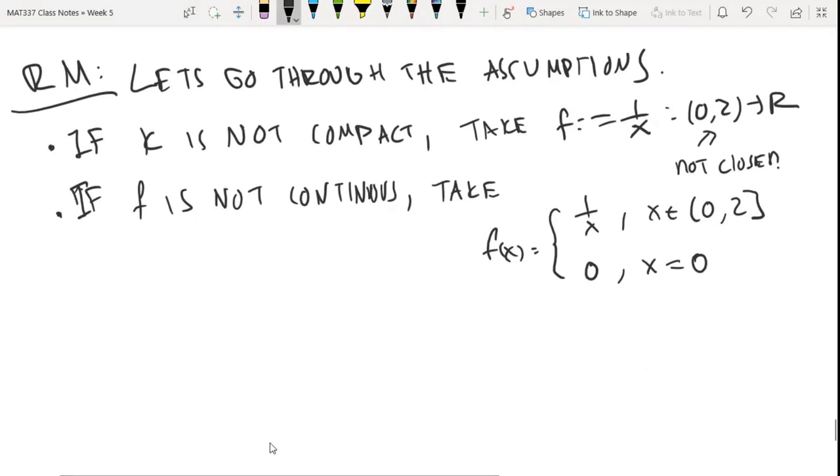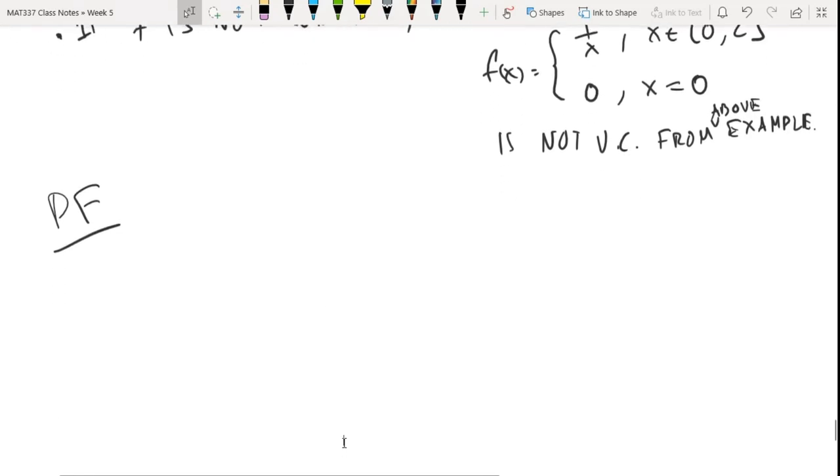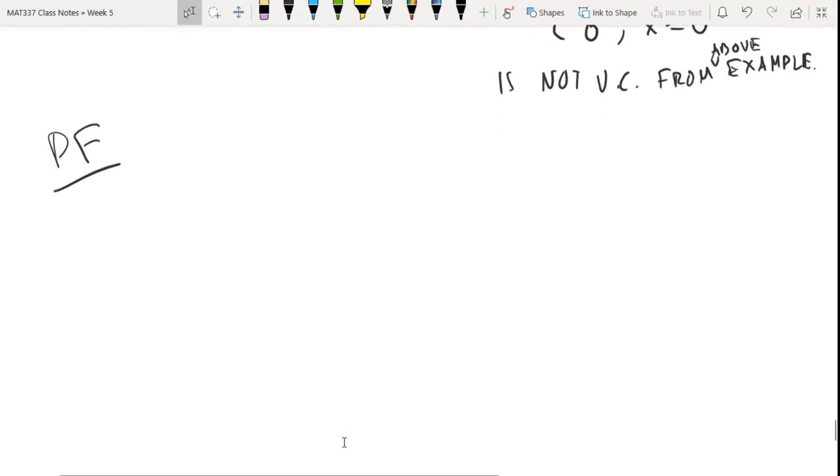Then this is not UC, from the example. Is that okay? Okay, so again, one more involved proof.